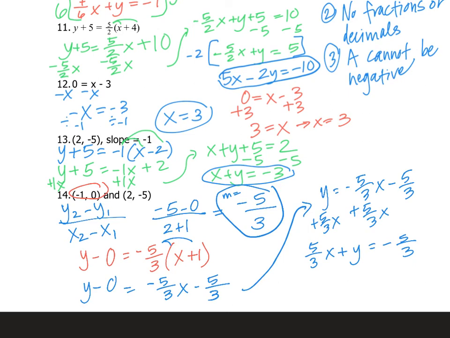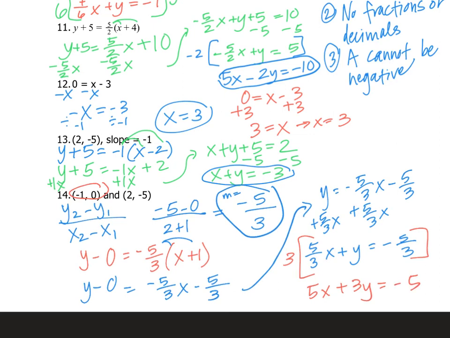So since the two fractions have the same exact denominator, I'm going to multiply the whole entire equation by that denominator, 3. And when I do that, I get 5x plus 3y equals negative 5.